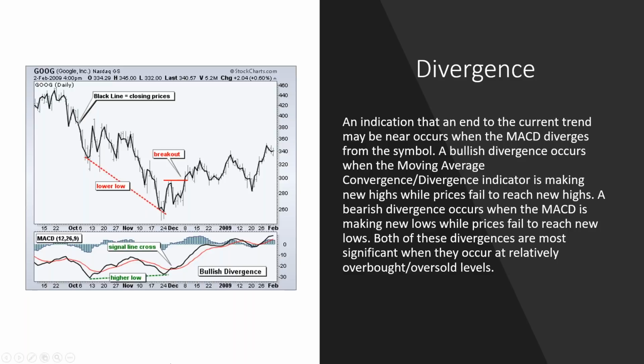So in other words, the MACD line on the bottom chart is moving opposite of the actual price symbol. So here, if we were to draw a trend line from the lows of the MACD, we see the MACD is making higher lows, where the price is falling in a downtrend, making lower lows.